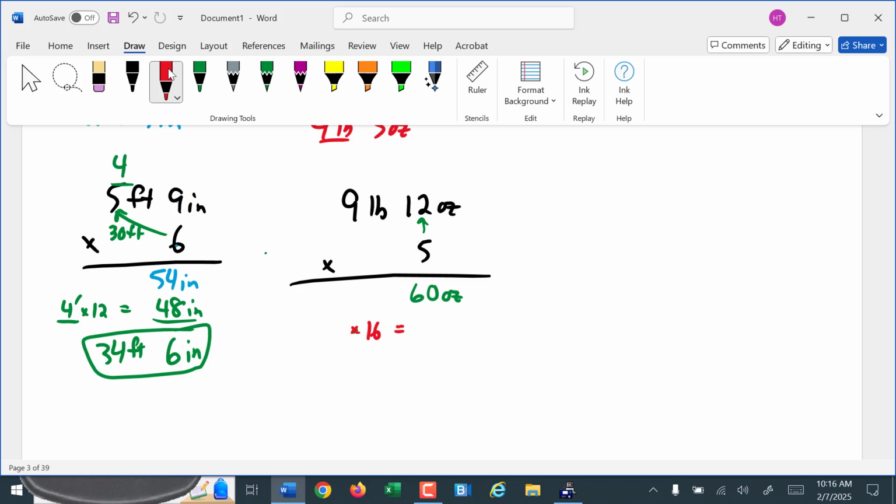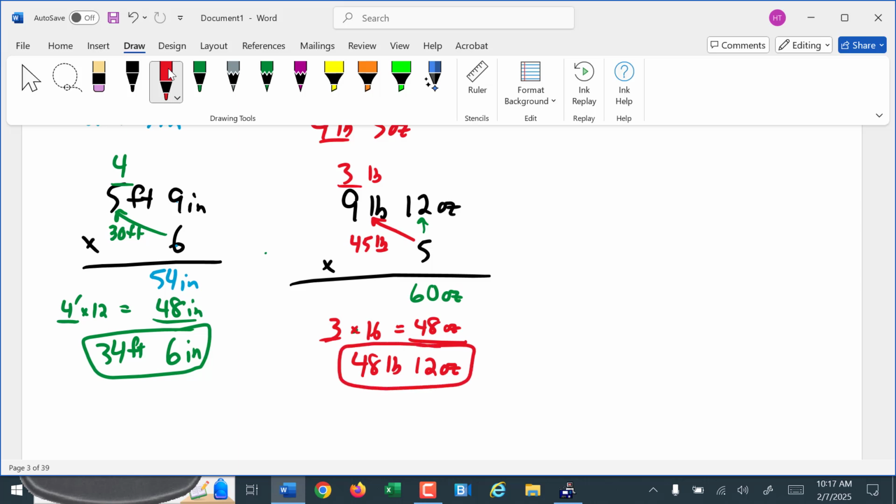Well, 4 times 16 is 64, so that's too big. 3 times 16 would be 48. So we can get 3 pounds out of it, so we'll carry the 3 pounds. How many ounces do we have left? 12. Good. 60 minus 48 is 12. Now we do the 5 times 9 is 45, plus the 3 we carried, 48. So it would be a total of 48 pounds, 12 ounces.